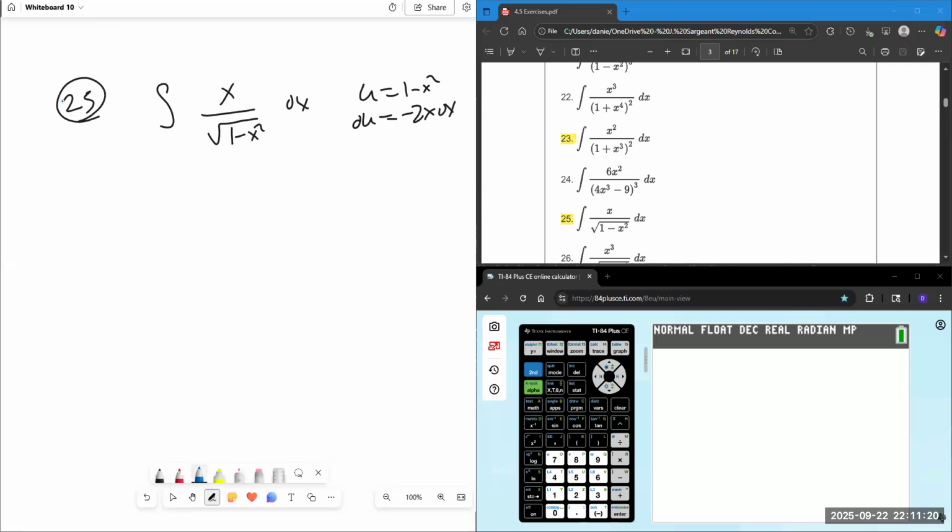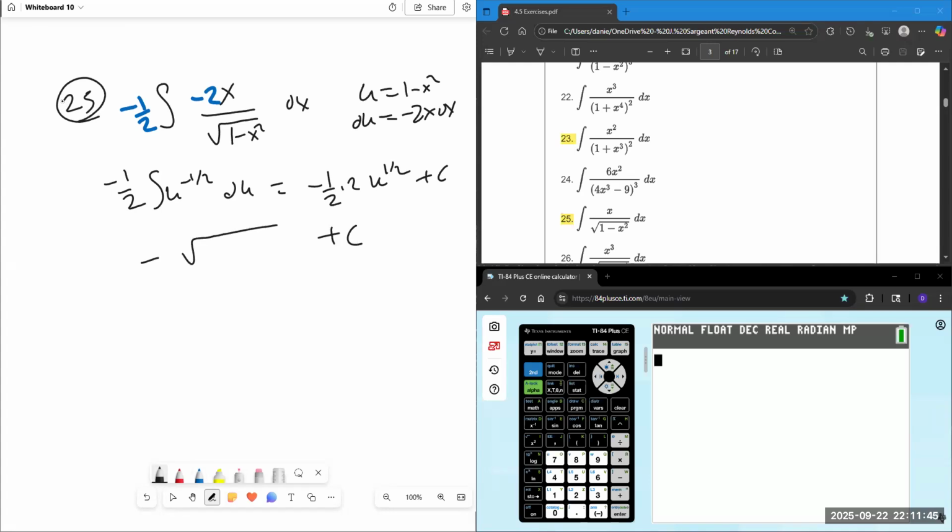So there's -2, so -1/2 the integral of u to the -1/2 du. So -1/2 u to the 1/2 divided by 1/2, which is times 2, plus c, is -1 times the square root of 1 minus x squared.